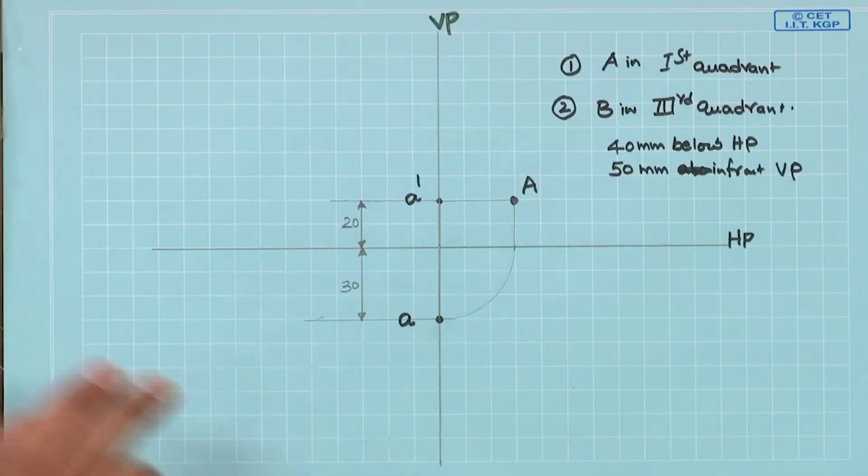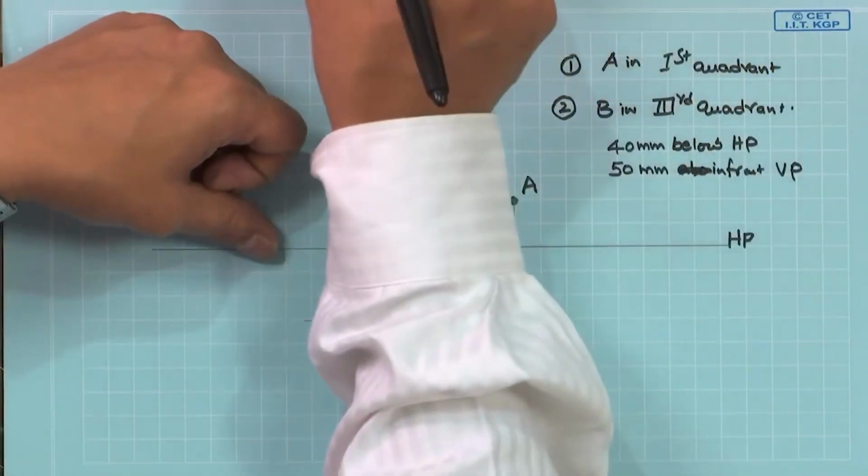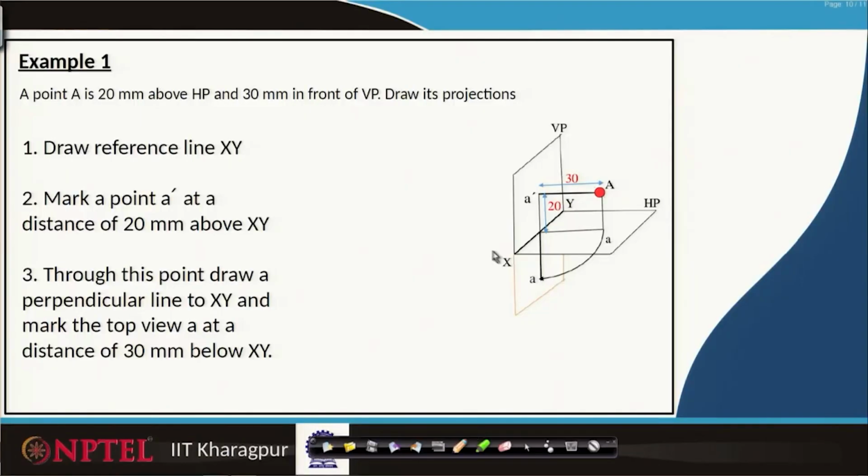It is more like asking a question: if we are having this third quadrant also, somewhere the point B is present, which is 40 mm below the horizontal plane, because this is the horizontal plane.